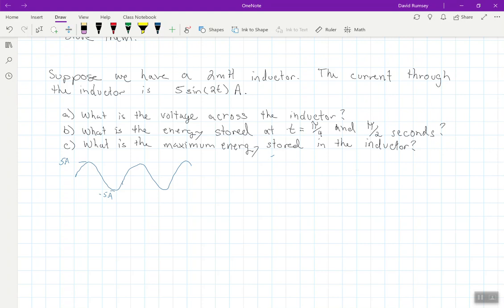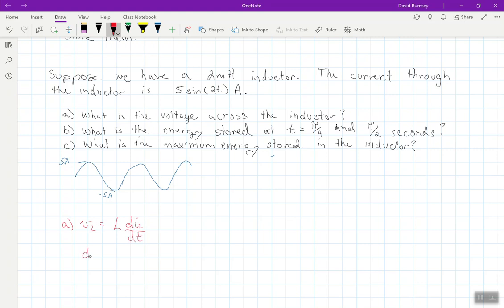All right, so let's go back and answer some of the questions here. Part A should be pretty straightforward for us because, again, we just use the formula that the voltage across an inductor is equal to L times the derivative of the current.